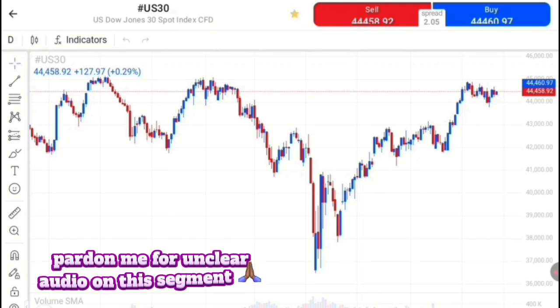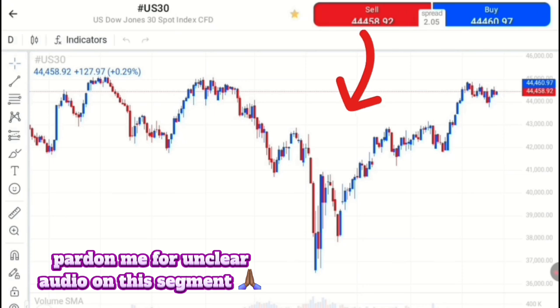Example, right now Dow Jones or the US30 is selling at 44,458.92 and is buying at 44,499.7. So this price is the selling price.